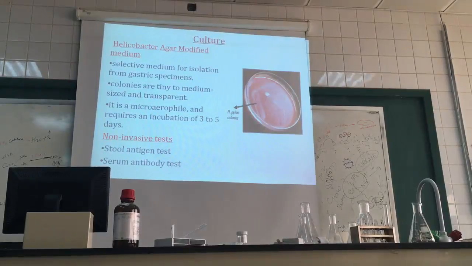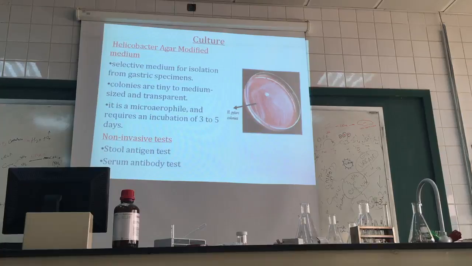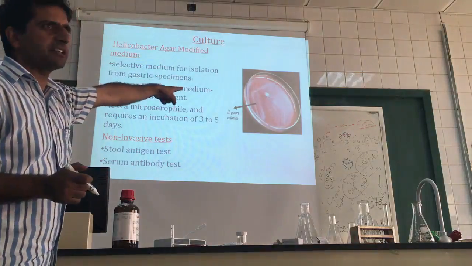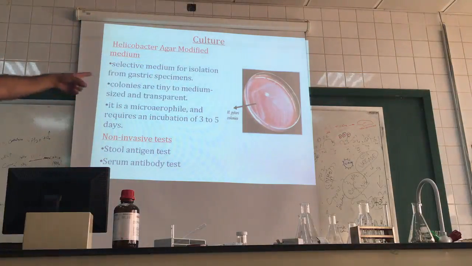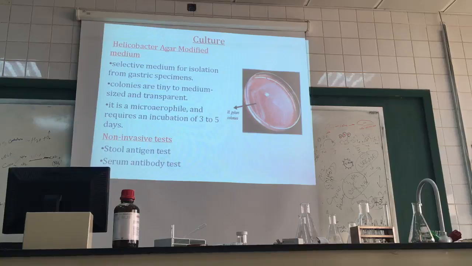If you want to culture this microbe, Helicobacter, or you can say Campylobacter, you need incubation for 3 to 5 days, and you see very light, thin, transparent colonies. And with a selective medium from a gastric specimen, you take a sample from gastric lavage or whatever, put it there, and you find the results after this.